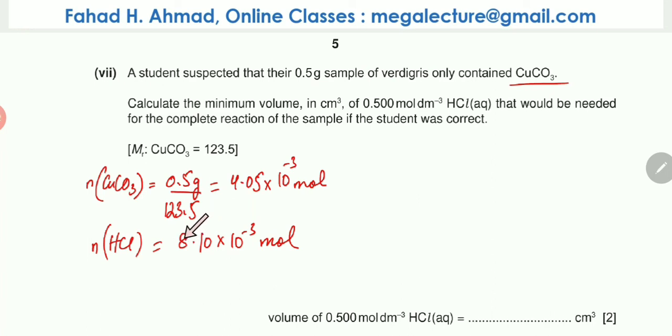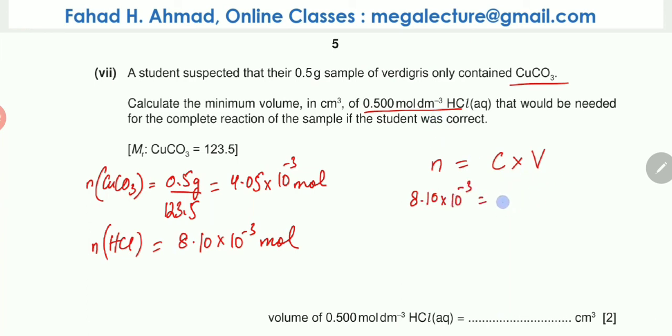And using this, I know the concentration of HCl. So we're going to use the formula moles is equal to concentration multiplied by volume. The minimum moles of HCl that are required for it to react with copper carbonate is 8.1 times 10 to the power minus 3.